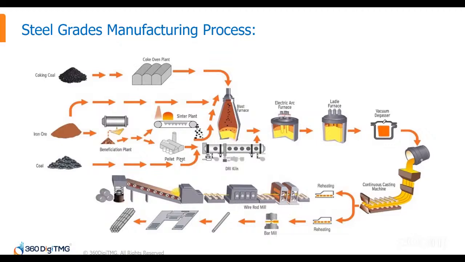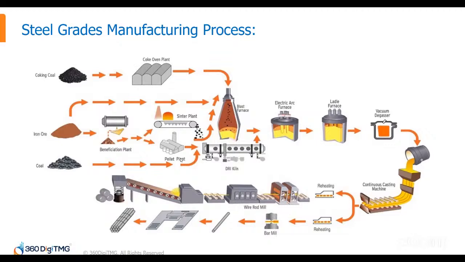After that, the steel goes through the vacuum degasser, which removes any unwanted or dissolved gases trapped inside the steel. Finally, steel is poured into a mold to cool down into shapes like billets or slabs. These are then processed in rolling mills to create steel grades. Grades means different types of steel products.